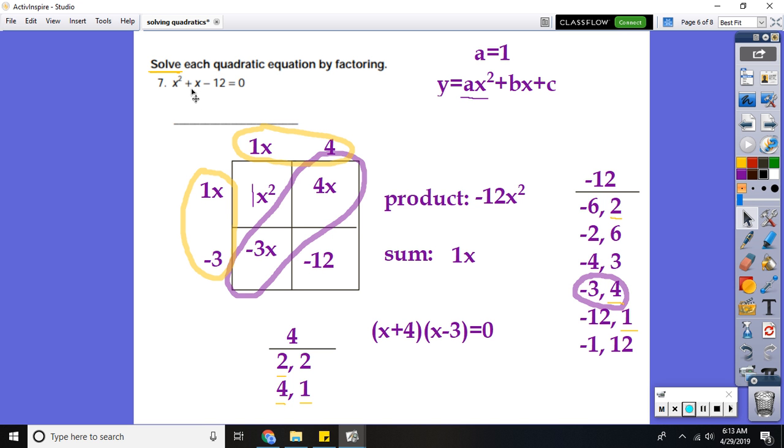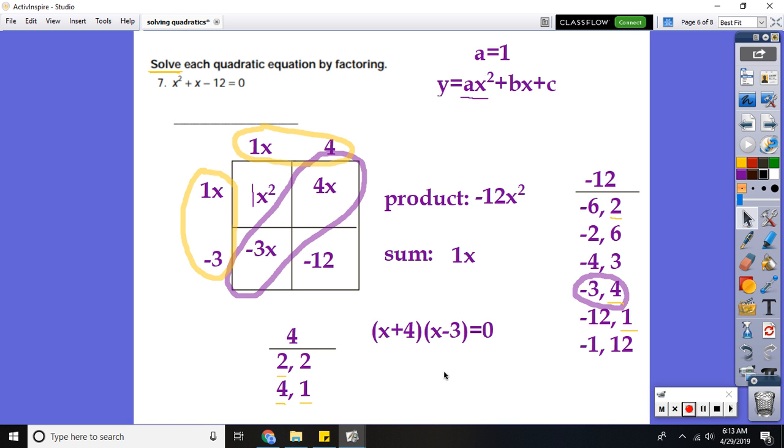But once I've factored, it's easier because of the zero product property. The zero product property says that if I multiply anything times 0, the entire product is 0. And using that idea and the idea of factors, these two sets of parentheses, these two binomials, are being multiplied together. Their product should be 0.